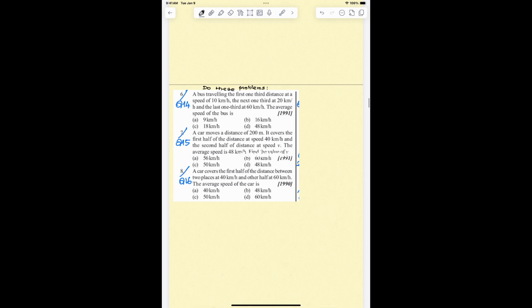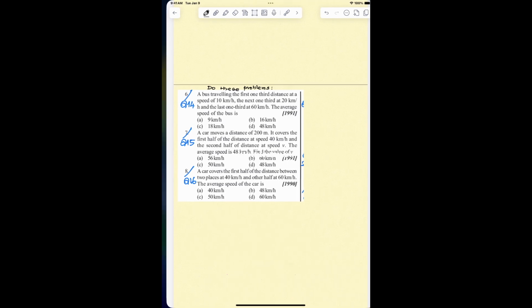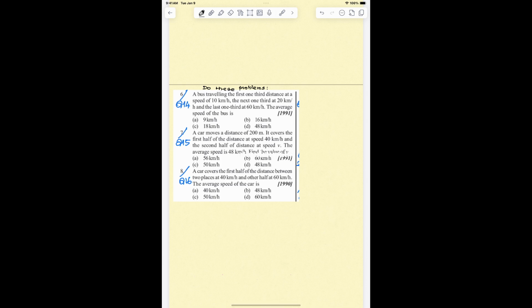Now read the first question. Let me read and then solve it for you. A bus travels the first one third of the distance with a speed 10, the next one third at 20, and the last one third at 60.